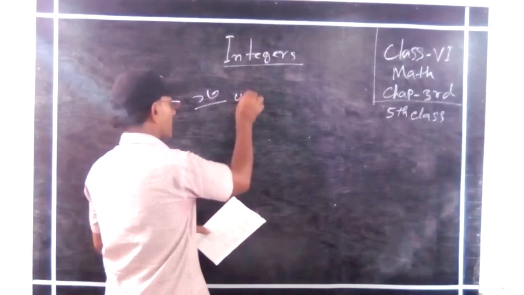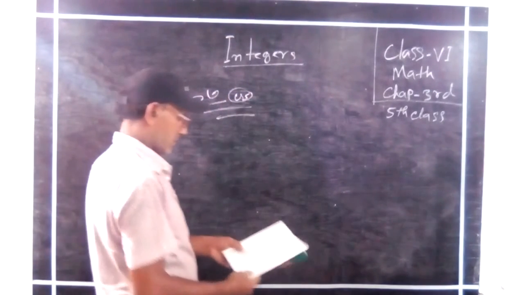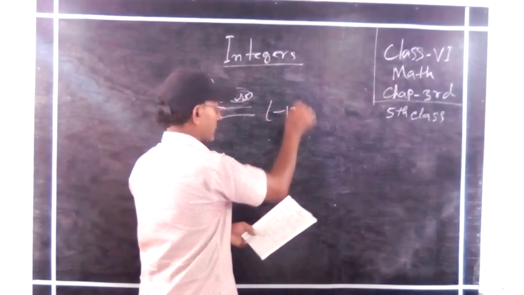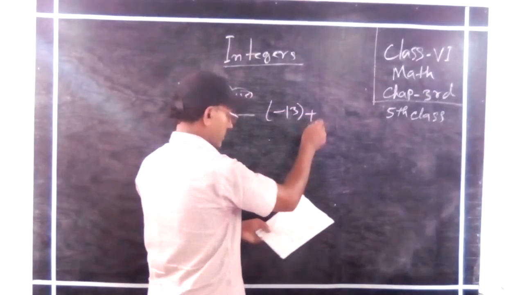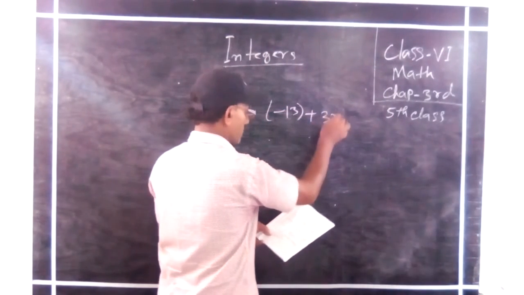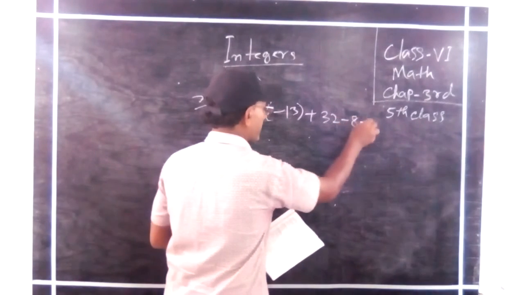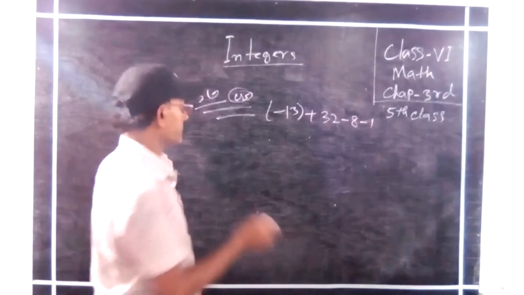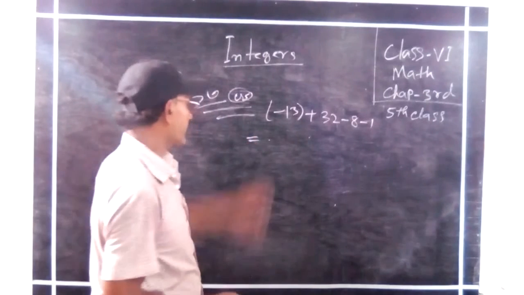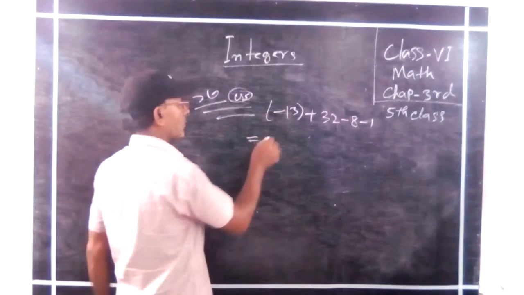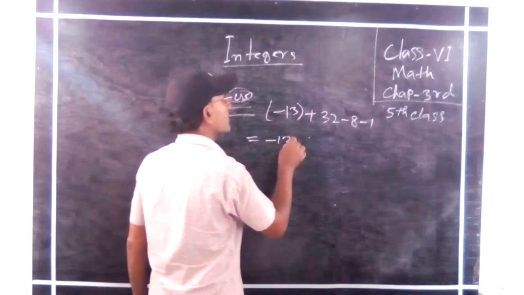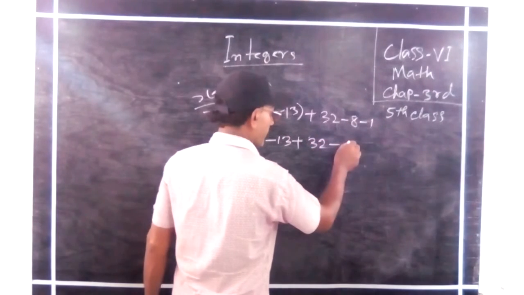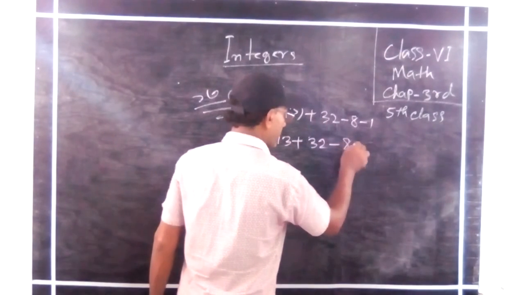Number 4: -13 plus 32 minus 8 minus 1 equal -13. That means -13 plus 32 minus 8 minus 1.